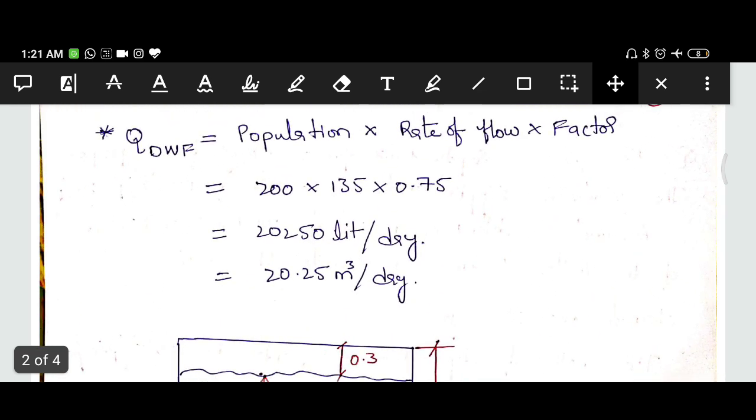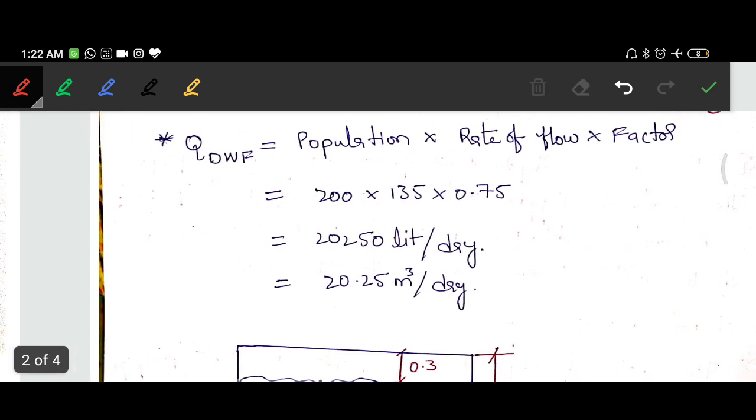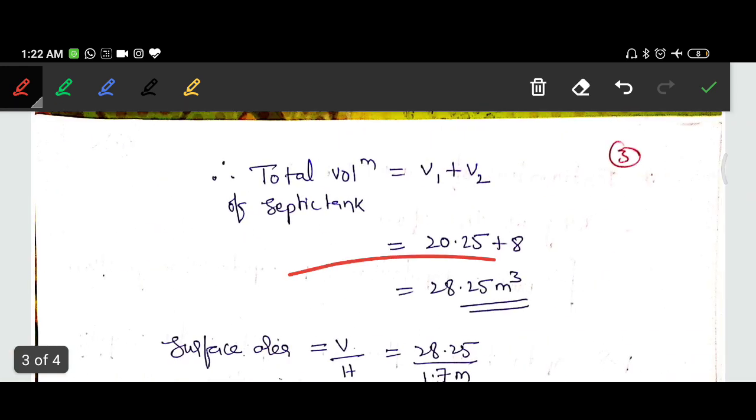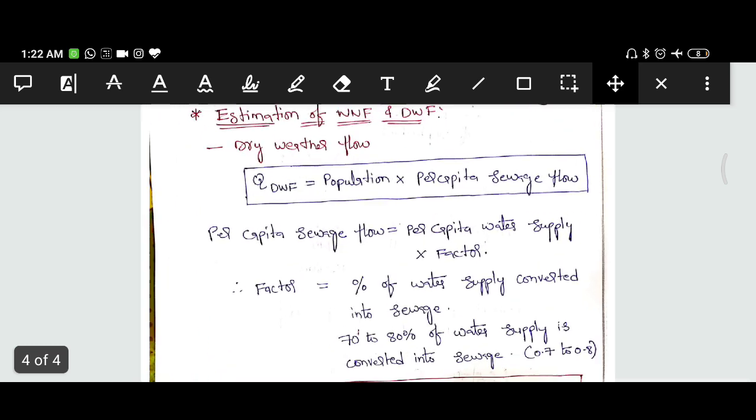The first step is to find out the discharge. Here we are considering discharge of dry weather flow. Those who don't know dry weather flow, once we see the dry weather flow formula, they can come back to the problem.